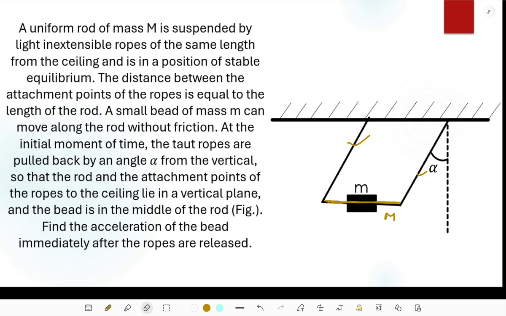After they have been released, the rod will remain parallel to its initial position. That means the rod will perform a translational motion. If I consider only the rod, it will perform translational motion. So I need to write down the translational kinetic energy of the rod at some point of time.